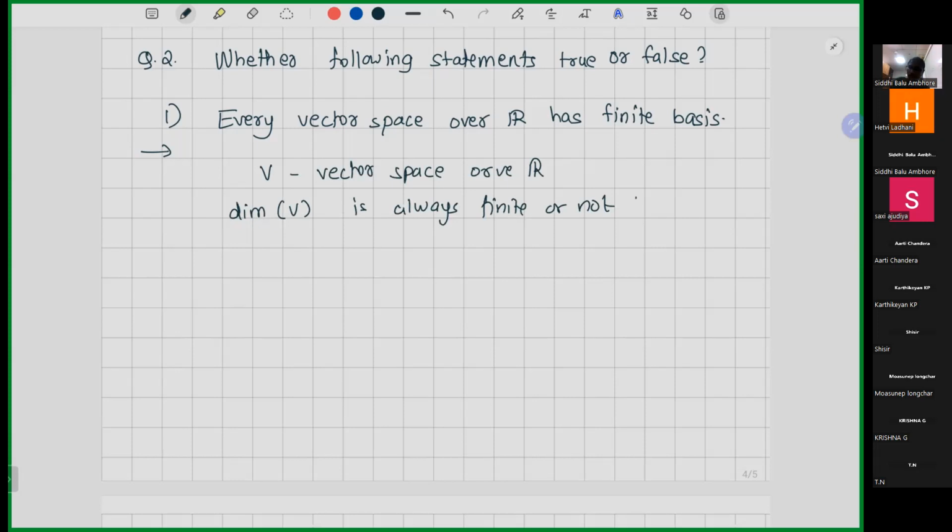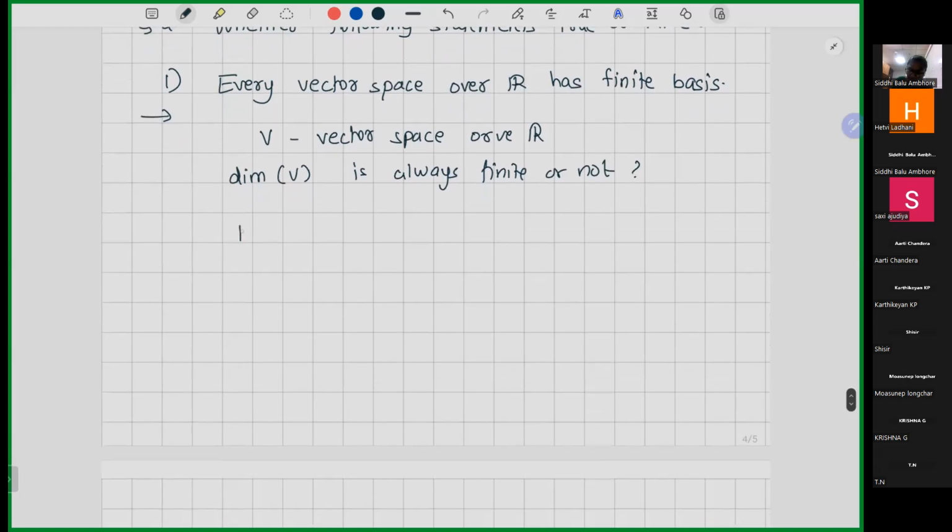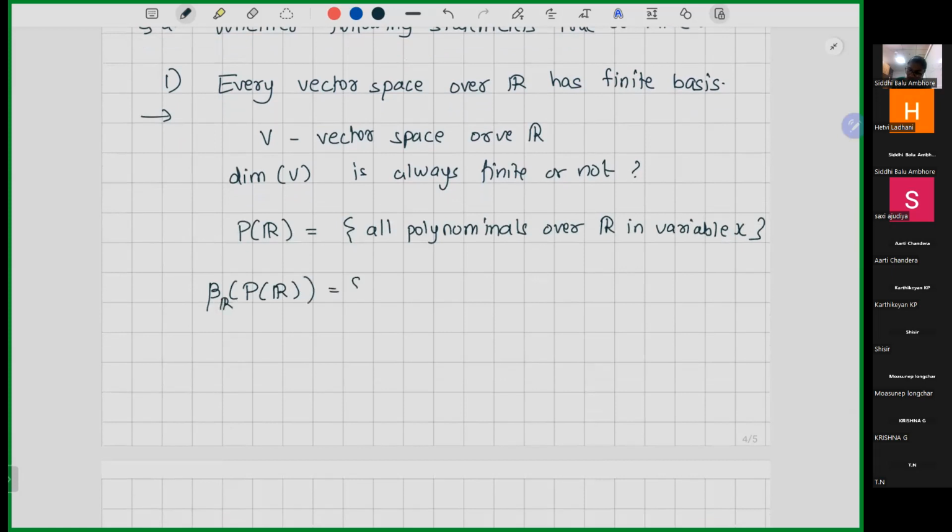No, exactly. It's not the case, right? Because we can have this vector space of the set of all polynomials over R in variable X. And here we know that the basis of this vector space over R is this set 1, x, x square, x cube, and so on.